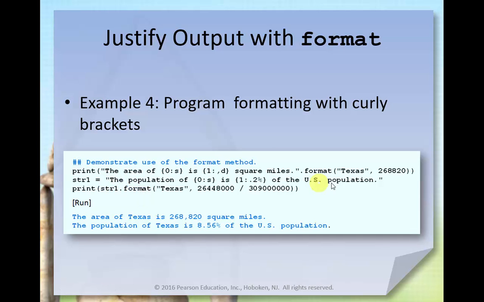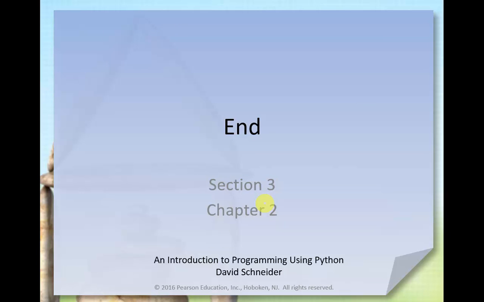And here's the same thing, more or less, but where the actual text, including the formatting, is assigned to a string, and then you just print the string with the format and the data. Notice they're also doing a little bit of math in there as well. And that's the end of that section.